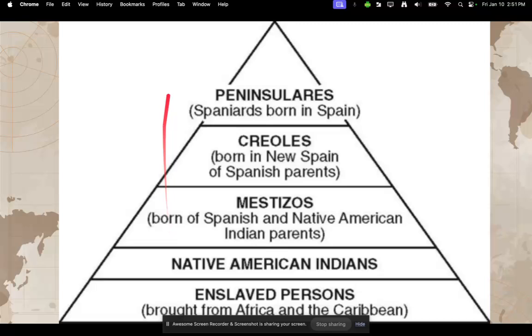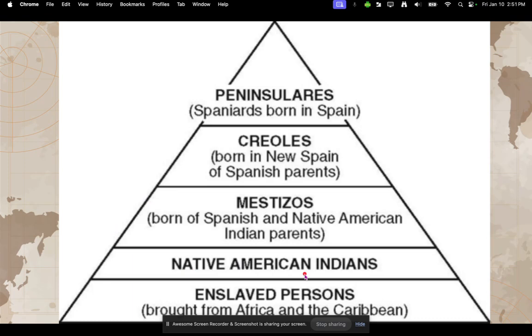So at the very top of the Spanish caste, you would have the peninsulares, and those were the Spaniards born in Spain. Below them were the creoles. They were the Spanish people who were born in the Americas, but their parents were fully Spanish. Then you have the mestizos. Those are people who are born of Spanish and Native American Indian parents.